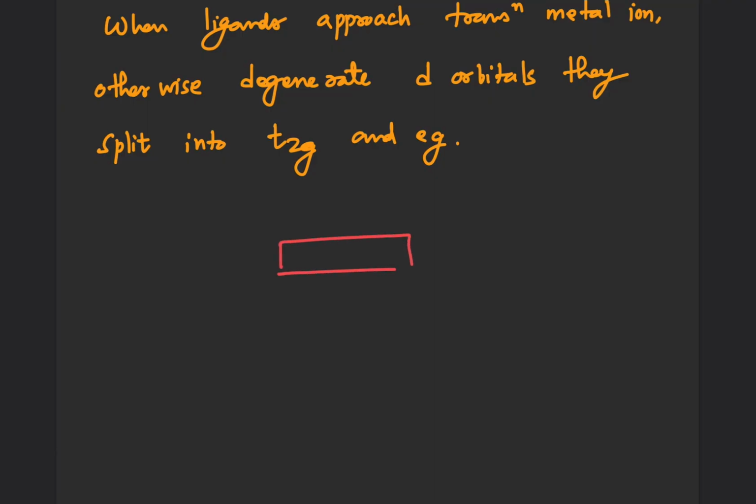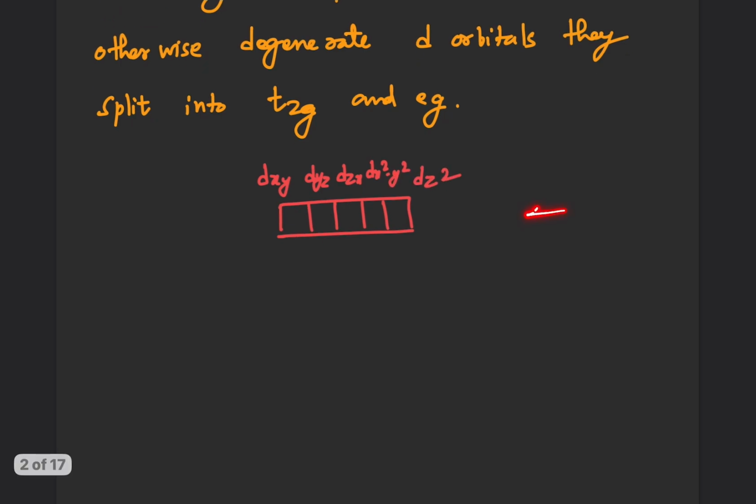So in the absence of ligands, they will look something like this. All of them, dxy, dyz, dzx, dx square minus y square, dz square, will have the same energy. The moment ligands approach, they are not degenerate anymore.